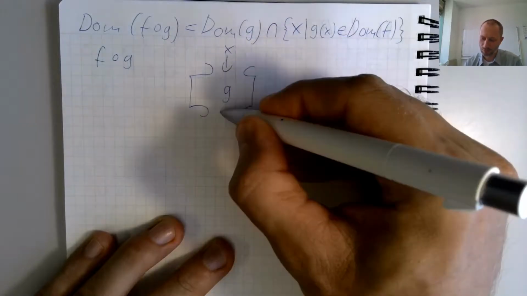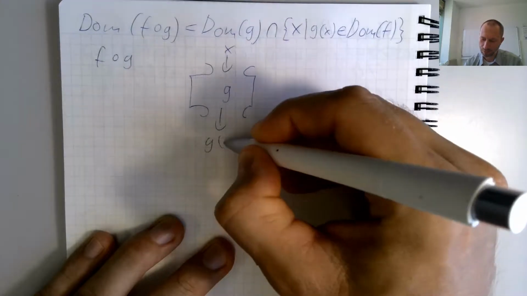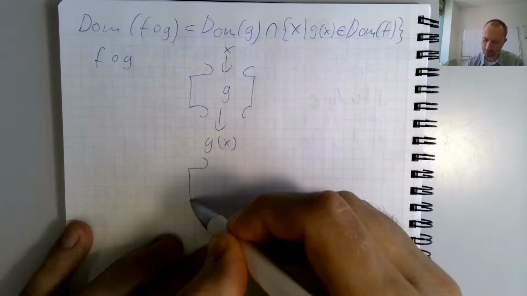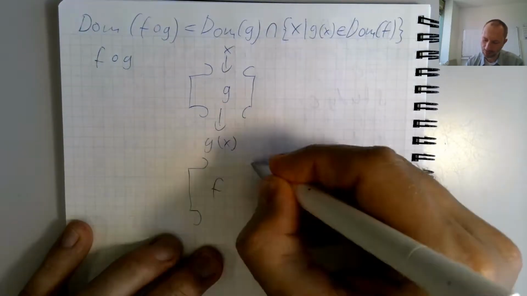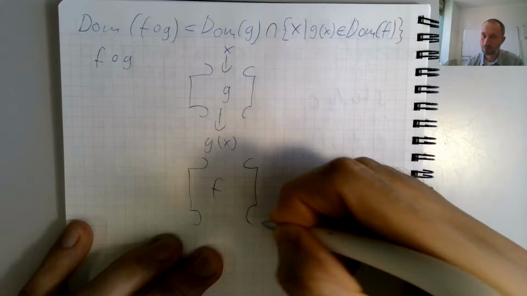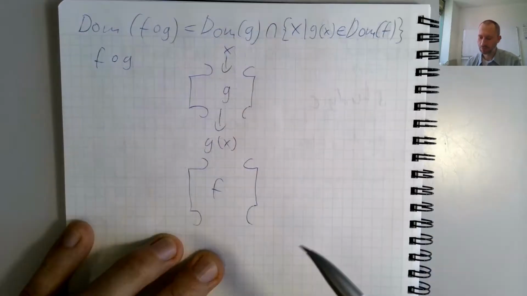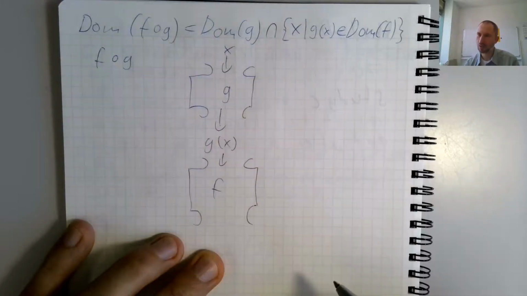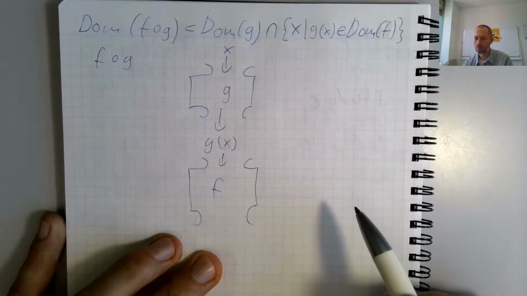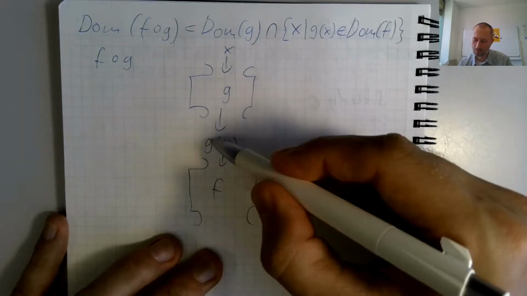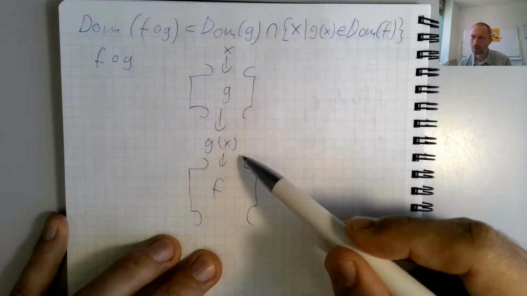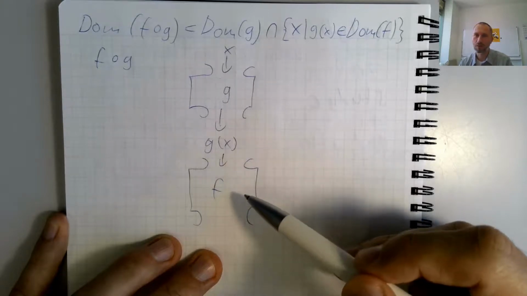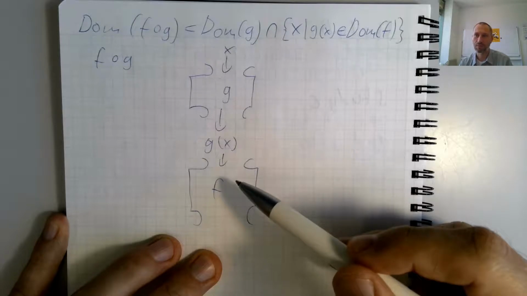Okay, so now g of x comes out, and because this is f after g, we really do f after that, so g of x goes in. We need to make sure that g of x is actually an allowed input for f.